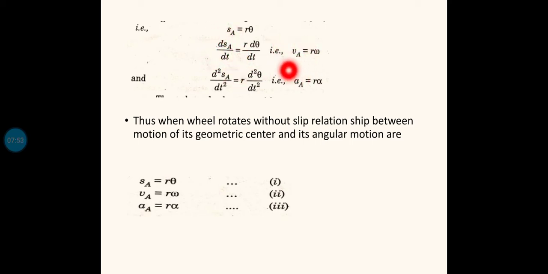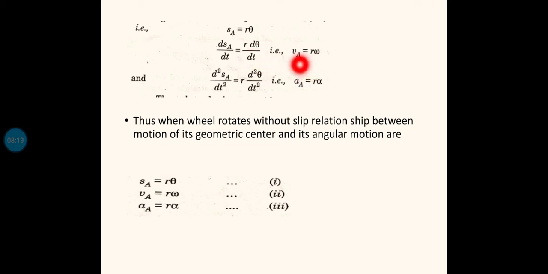VA, where V represents linear velocity and A is the suffix, is the velocity of the point A. So VA equals r omega, because from the fundamental equations of curvilinear motion, d theta by dt is the angular velocity omega. The rate of change of angular displacement with respect to time is angular velocity.